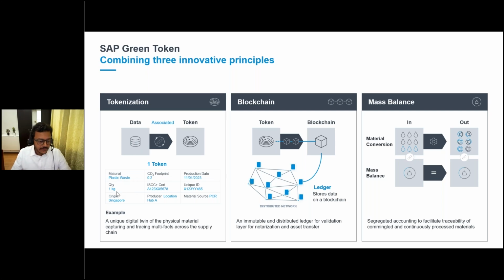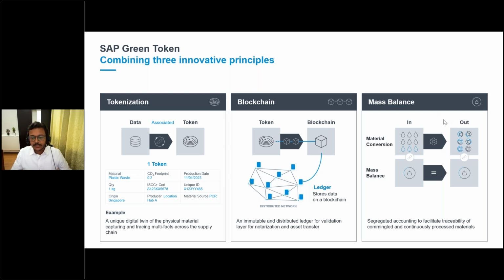There's a quantity associated with it, there's a certification or a reference number associated with it, and different attributes like the producer, the source, and the origin, and so on. And then you have the blockchain, where these blocks of tokens are written to the blockchain in a distributed network. So this forms the basis of the trust and auditability factor.